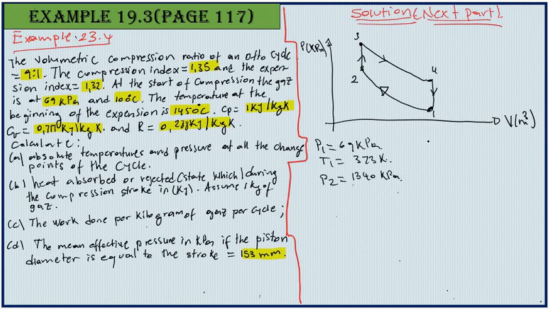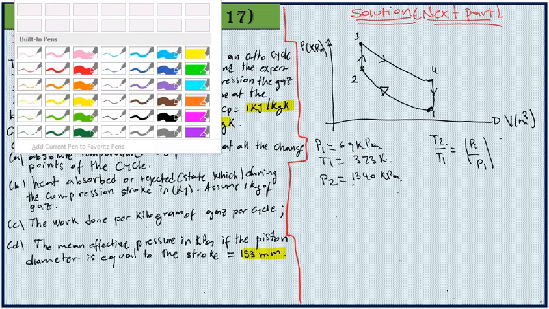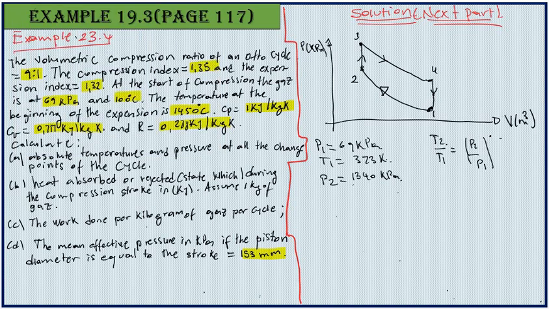If we say T2 over T1 is equal to P2 over P1 to the power of gamma, here we need to write everything in terms of n. So I need to use n for compression minus 1 divided by index for compression. From this relation we can find T2.